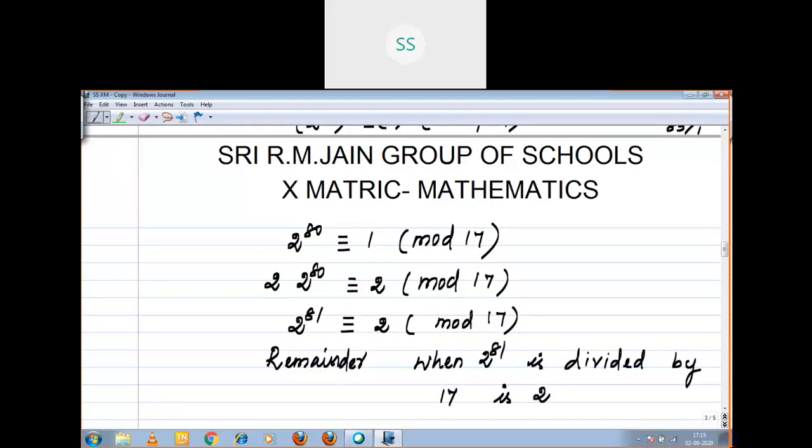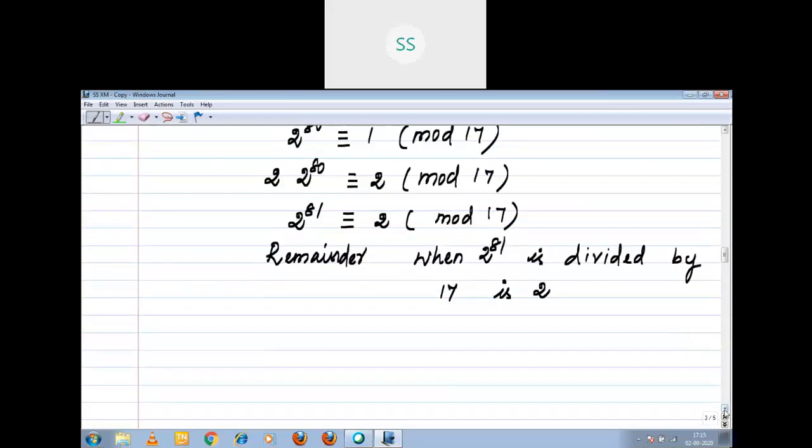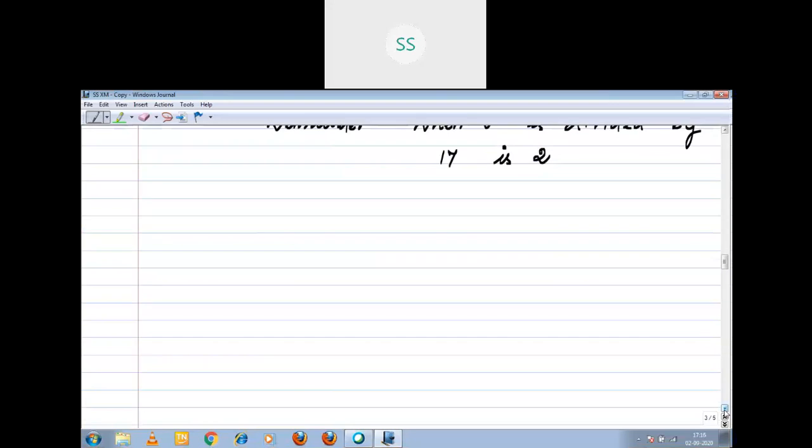Now, the last question of your exercise, it is a word problem. You have to listen carefully children. Question number 10. Starting from Chennai, the aeroplane begins its journey on Sunday at 23:30 hours.